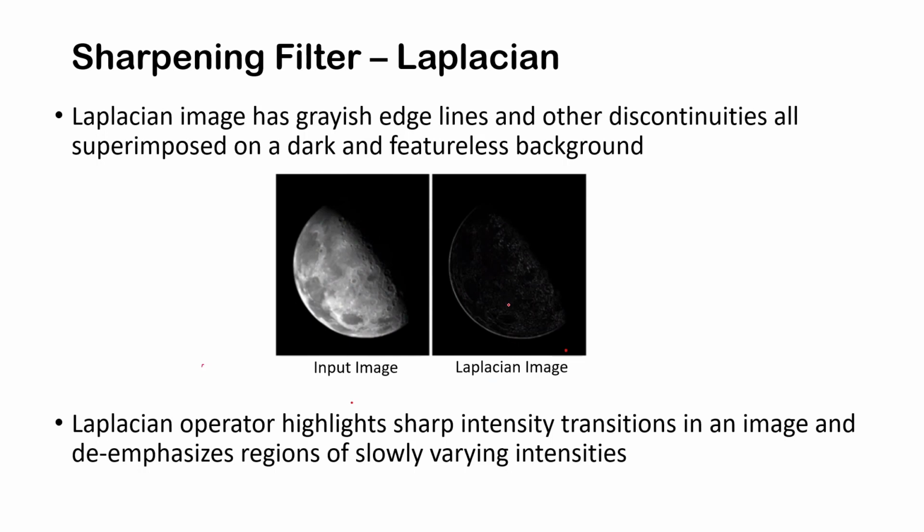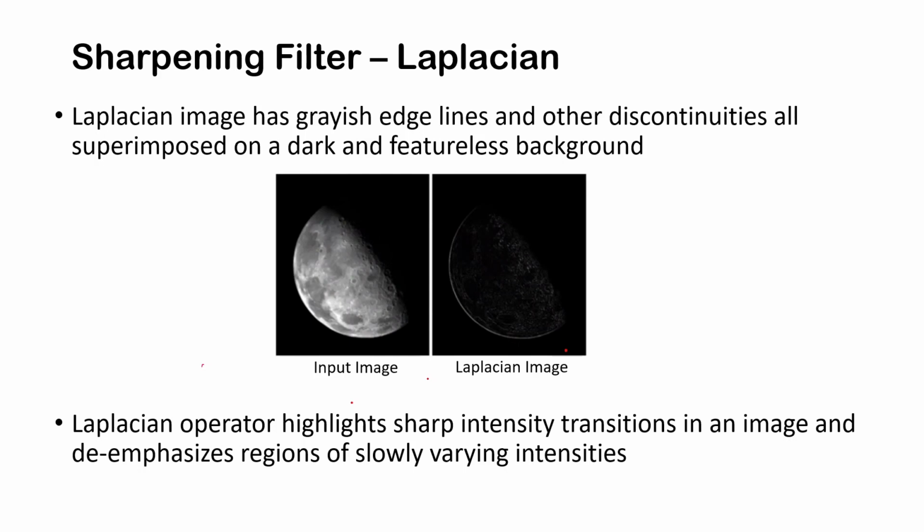It is just a blackish-grayish image. The Laplacian operator will highlight sharp intensity transitions, meaning the edges, and de-emphasize regions of slowly varying intensity, so it is not going to take care of these slowly varying intensities. It is just going to concentrate on the intensity changes.